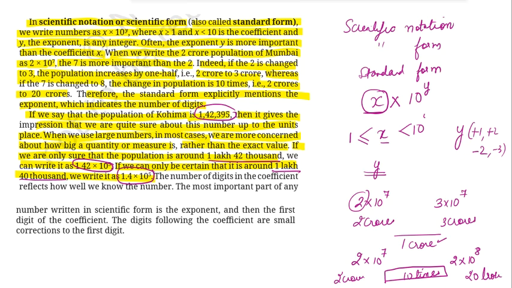The number of digits in the coefficient reflects how well we know the number. The most important part of any number written in the scientific form is the exponent and then the first digit of the coefficient. The digits following the first digit are small corrections to it. When we write any number in scientific notation, the most important part is the exponent, right?